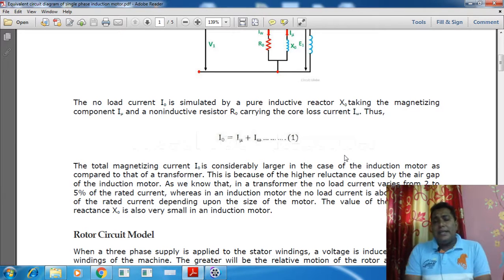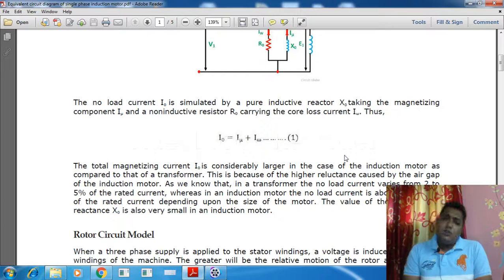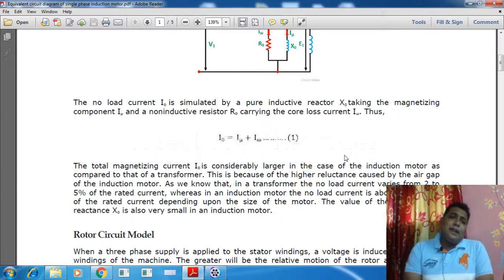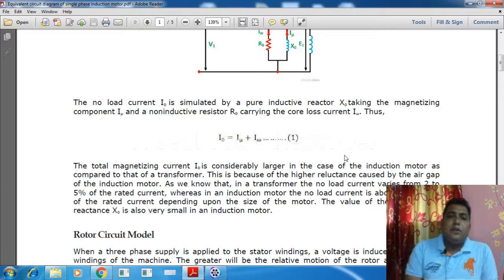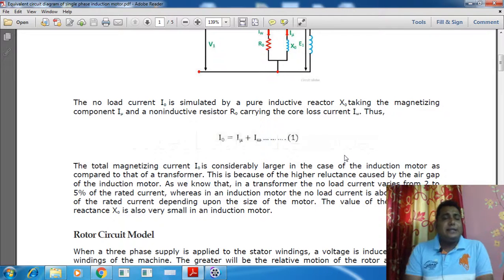But in a single phase induction motor, this current value is approximately 25% to 40% of its rated current. That's why the magnetizing reactance X0 is very small. Otherwise, the value of the current would not be so high. So the magnetizing reactance X0 is very small in an induction motor.